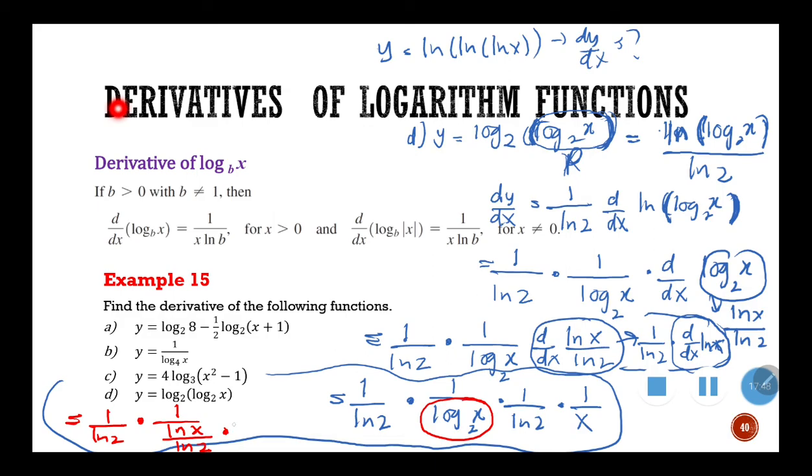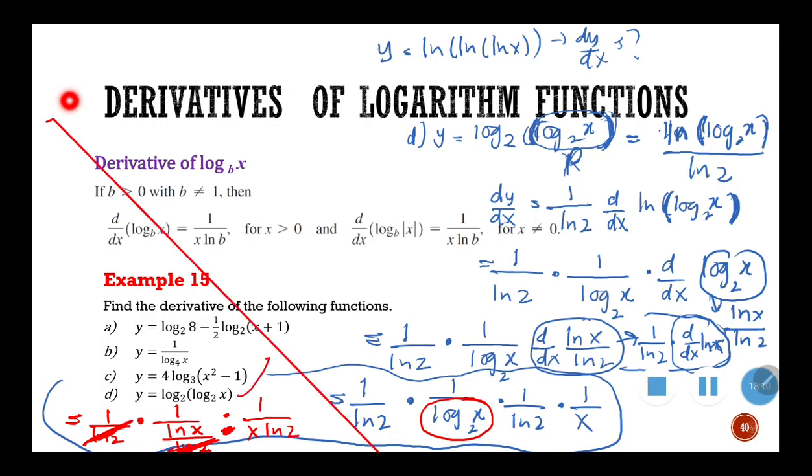Darab dengan 1 over x tu saya letak kat depan ln 2. So nampak tak kat sini, yang ni dengan ni you boleh cancel. Okay, because I change the base, log x base 2 jadi ln x over ln 2, so we cancel with this ln 2.